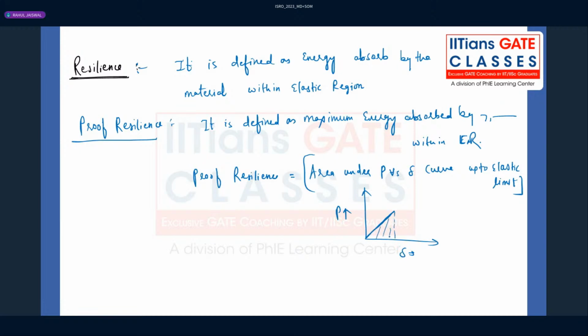Whatever this area is, that will be the proof resilience, half of P into delta.